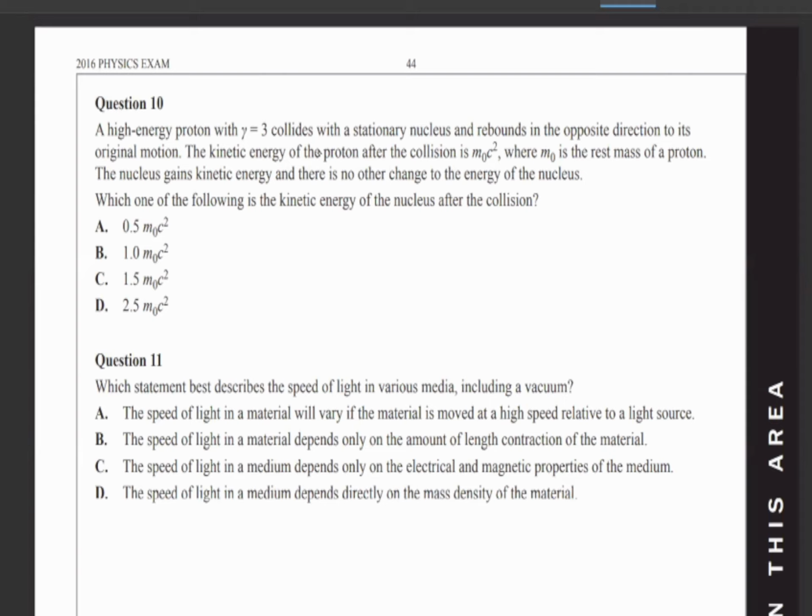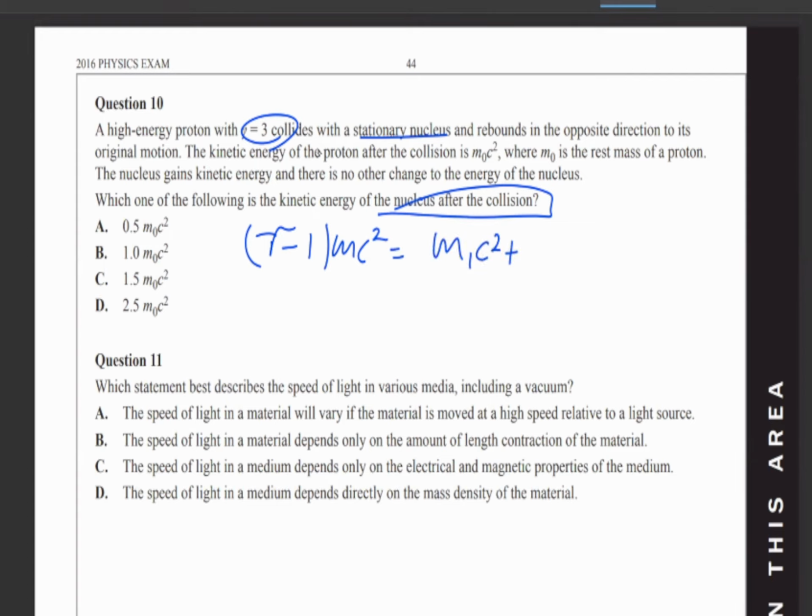Question 10. This collides with the stationary proton, and what is the kinetic energy after the collision? We just use the conservation again, like we did before. mc squared equals the energy.